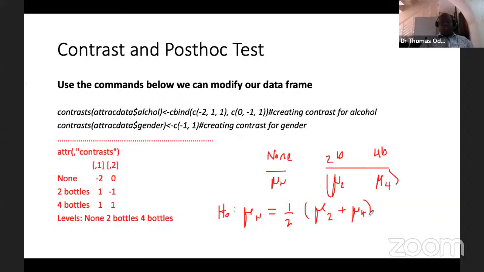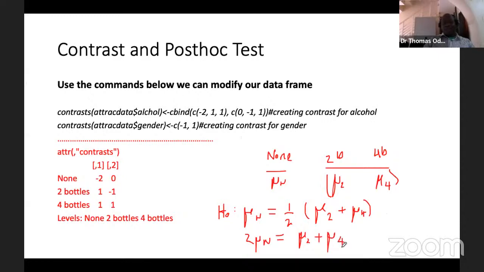But what we could also do, instead of dividing this by 2, is multiply the other side by 2. So the same thing can be 2 mu n equals mu 2 plus mu 4.